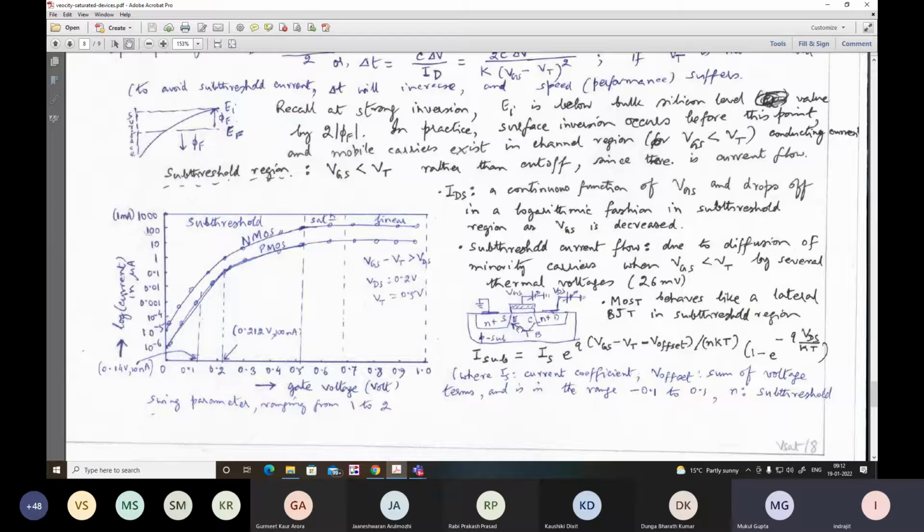Let us see the mathematics behind that: how to mathematically represent the subthreshold current. I'm sorry, Gurmeet, I'm not able to answer the physical reason for subthreshold. Roughly we can say that it is due to diffusion of minority carriers. Minority carriers mean in the p-type substrate, it is a movement of electrons starting from the source and moving towards the drain. Whether DIBL has got some role to play here, I'm not sure.